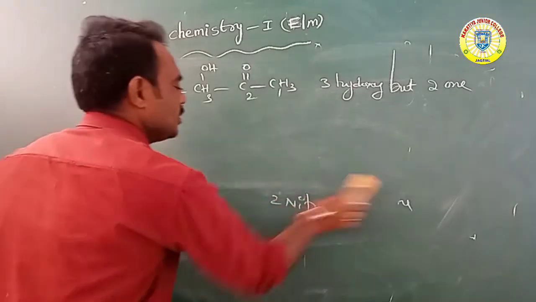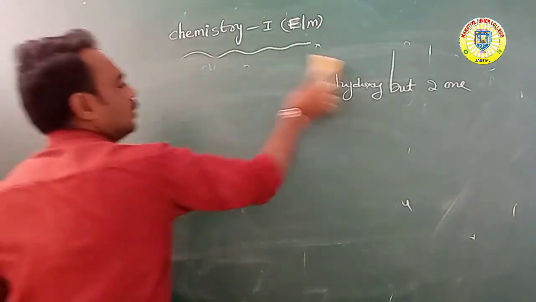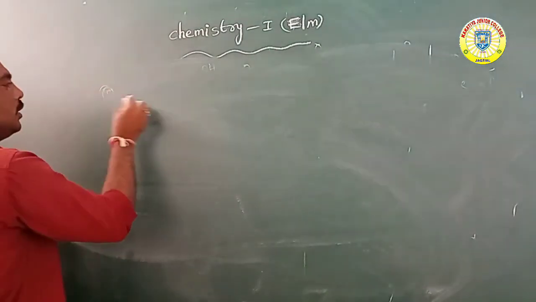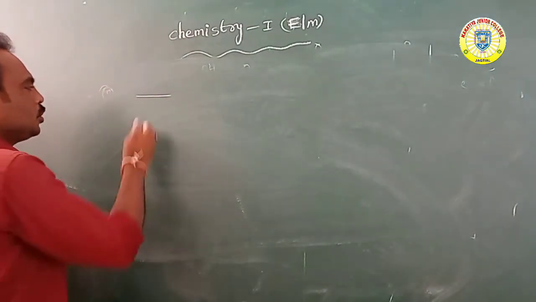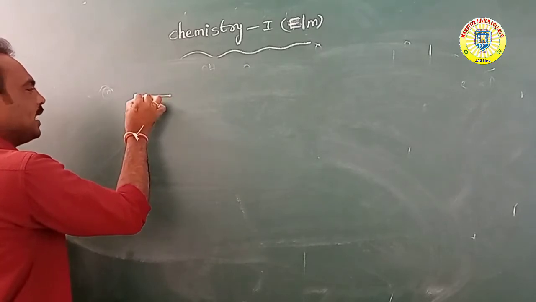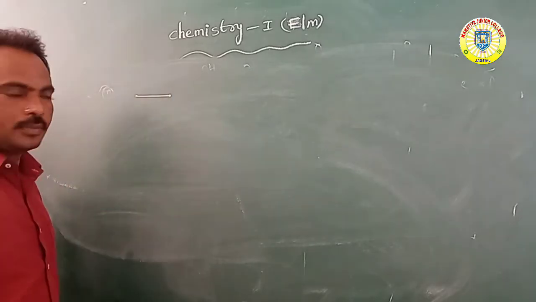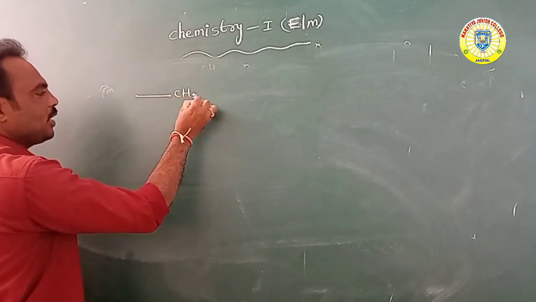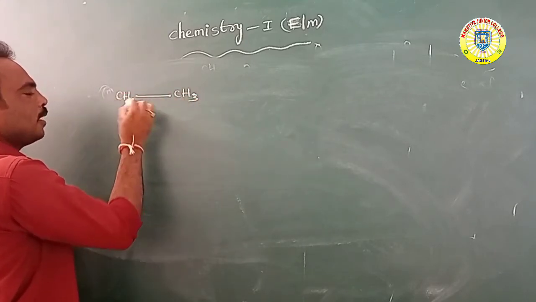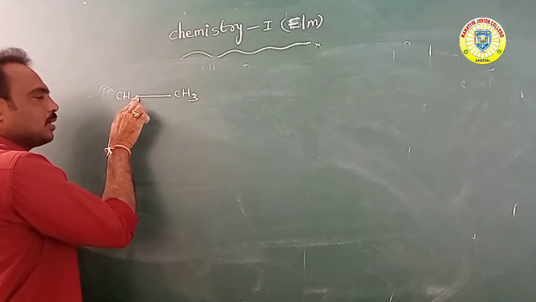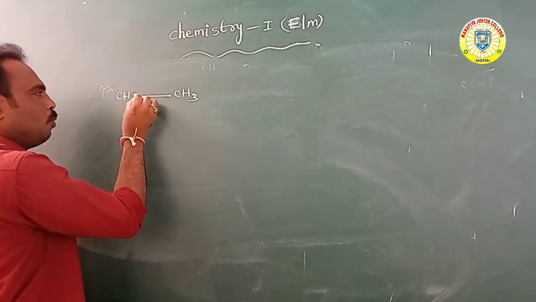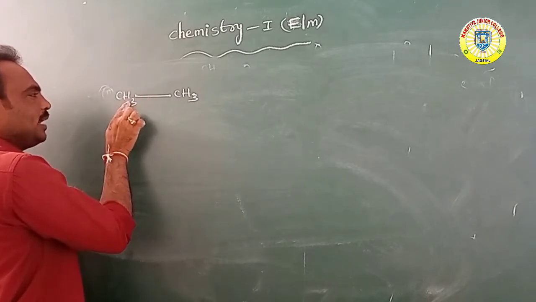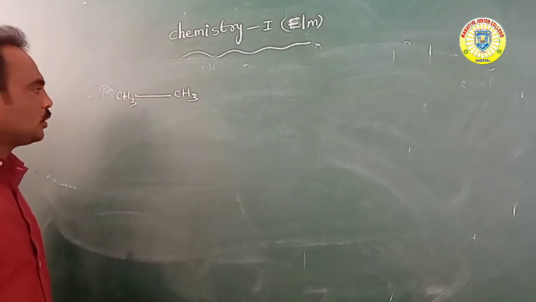Next, sometimes we draw a line, and the line endpoints contain carbon atoms. Suppose this endpoint contains CH3, and this endpoint also contains CH3. Each endpoint is a carbon with a single bond, remaining 3 hydrogens.